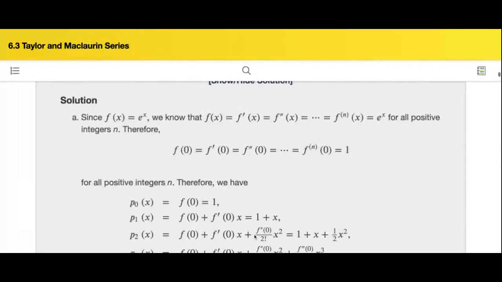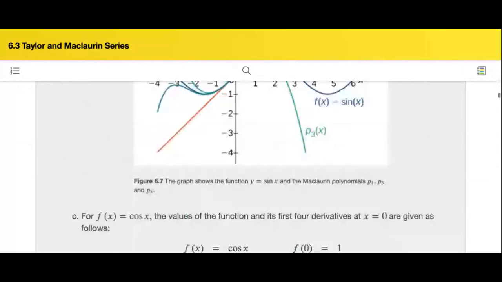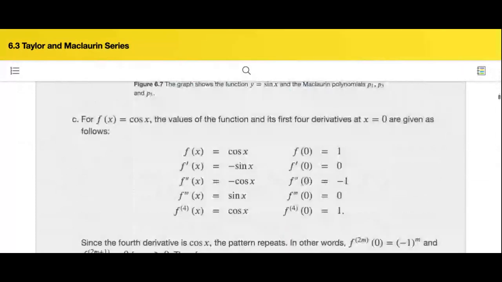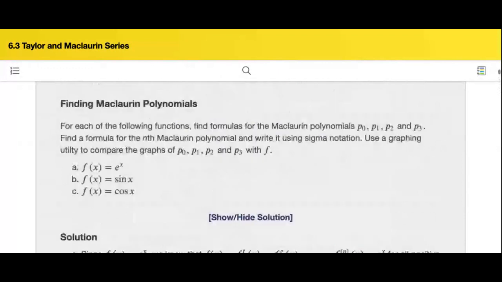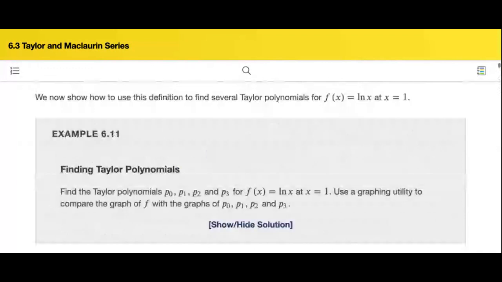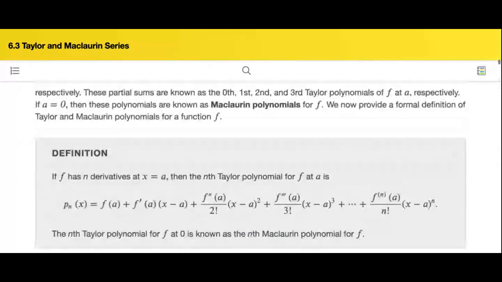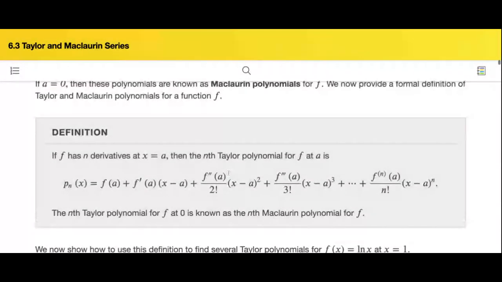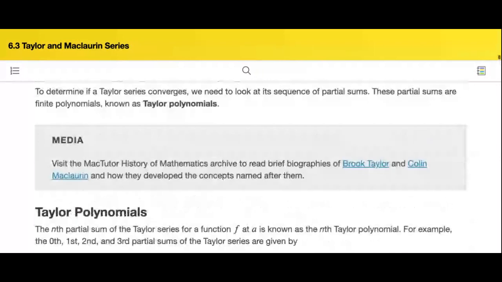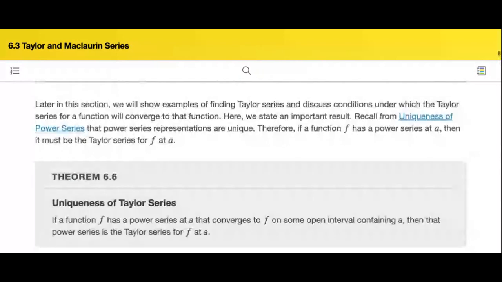Let's do cosine x. Even before this, the definition is very important. Let's go back to the definition. This definition is for the nth Taylor polynomial, right? Even before that, let's see the definition for series.